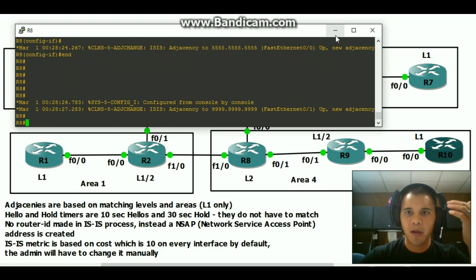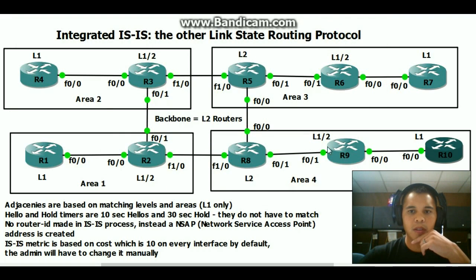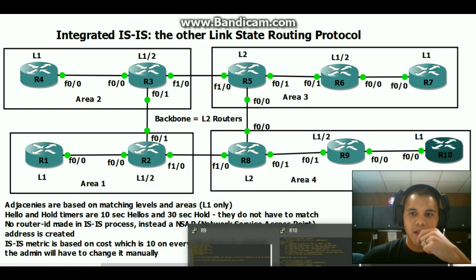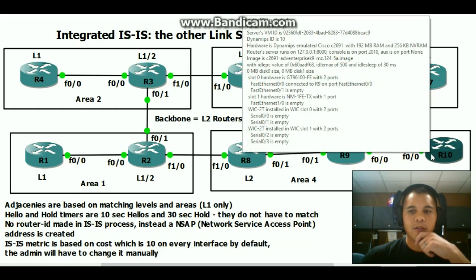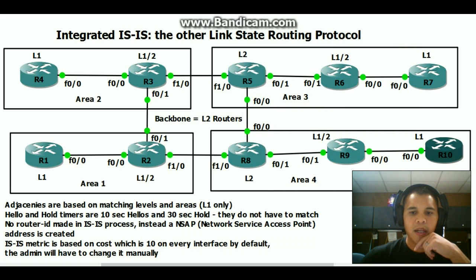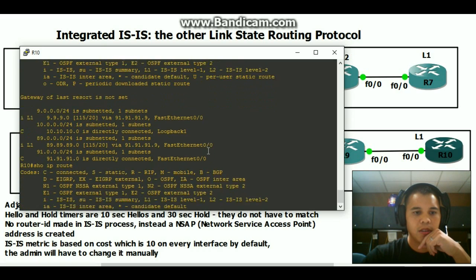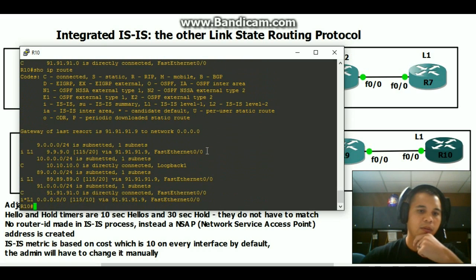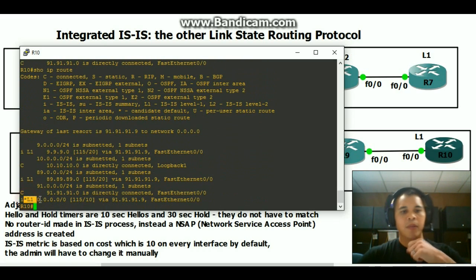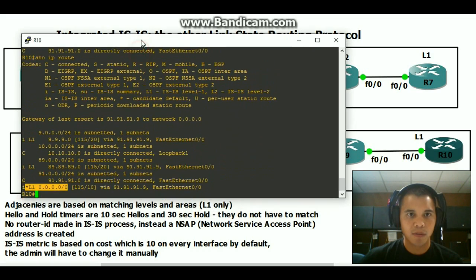We should have about three adjacencies, one, two, and three. And now let's see if router 10 has a default route to get out of its network. It should. And right there, there we go. So what this static route shows, well, one, he learned it via ISIS.